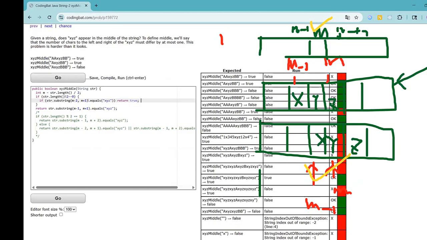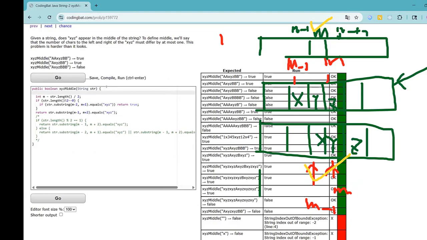And this one is M plus 2. And then there are two cases that's wrong. So here they also need to check the str length less than 3.